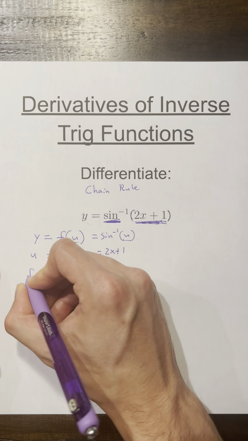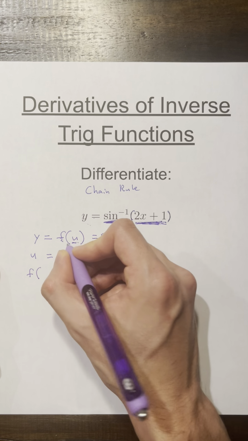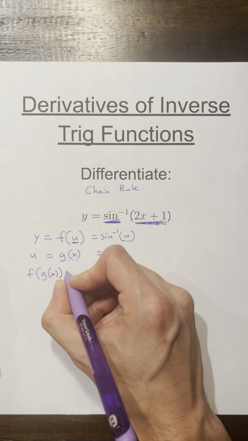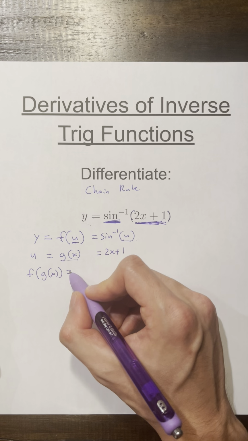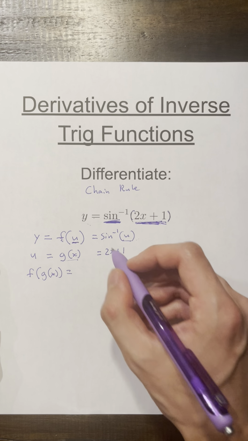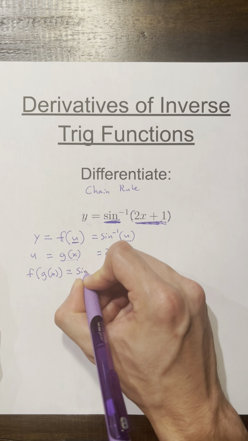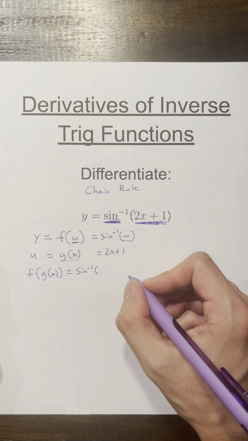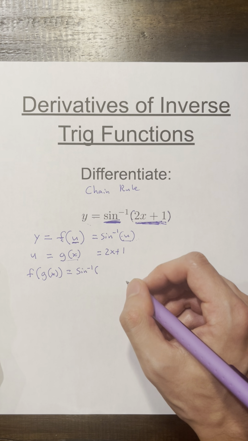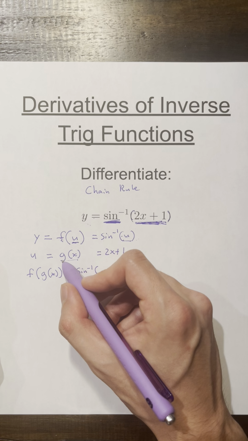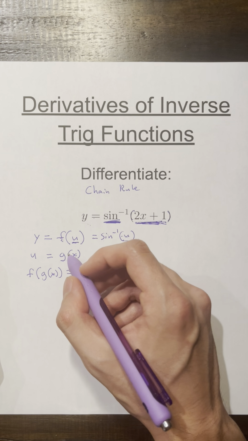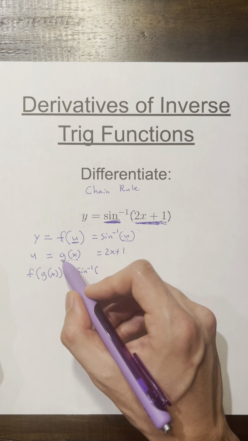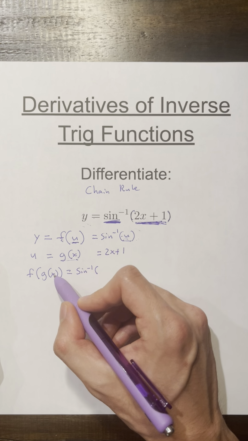I would get f of g of x is equal to arcsine of g of x, so u gets changed to g of x, right? Because we said we were gonna go to this equation and change all the u's to g of x. So this gets changed to g of x.